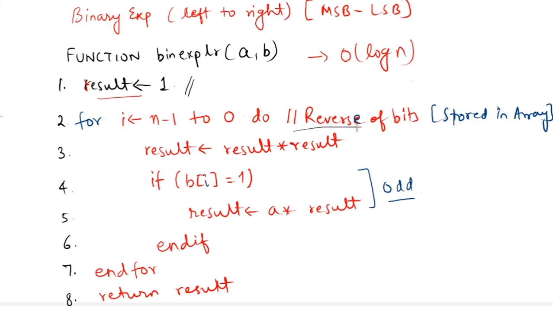For that reversal of bits, this has to be stored in an array, and once the value is stored in an array, we can easily update the result. So it is like the result is updated by twice of itself.